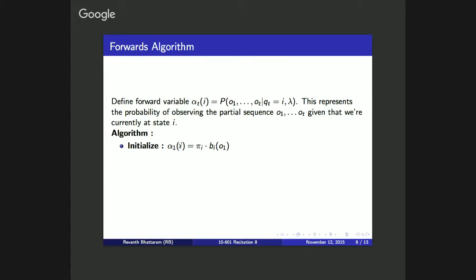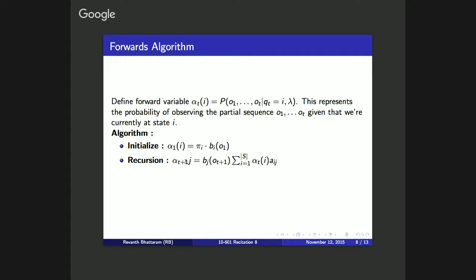So what is the probability that I observe O1 given that I start off at state i? That is going to be pi i times b i of O1. Pi i is the starting state probability, and b i of O1 is the observation probability that, okay, I'm in state i, what is the probability that I see observation O1? So that's the initialization, and then we define a recursive formula over here. There's got to be brackets here, but I'll correct that when I upload it.